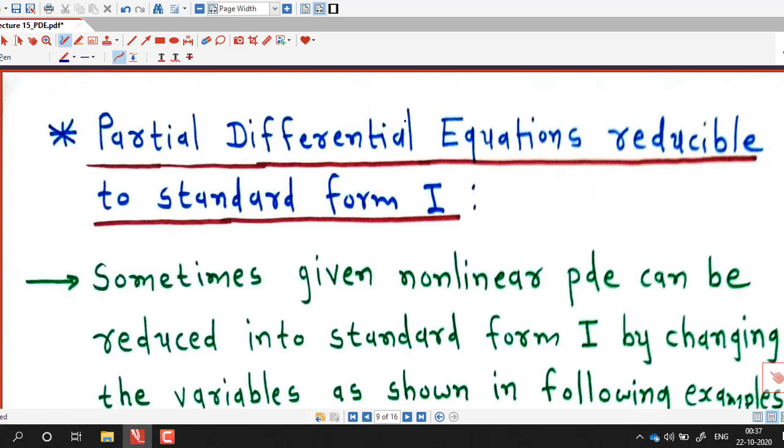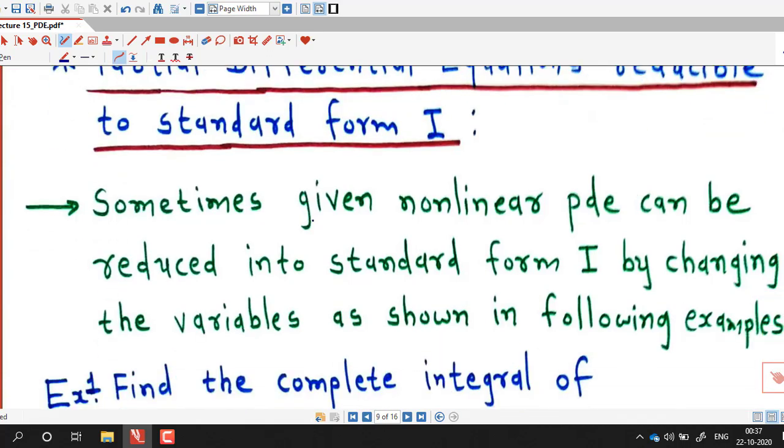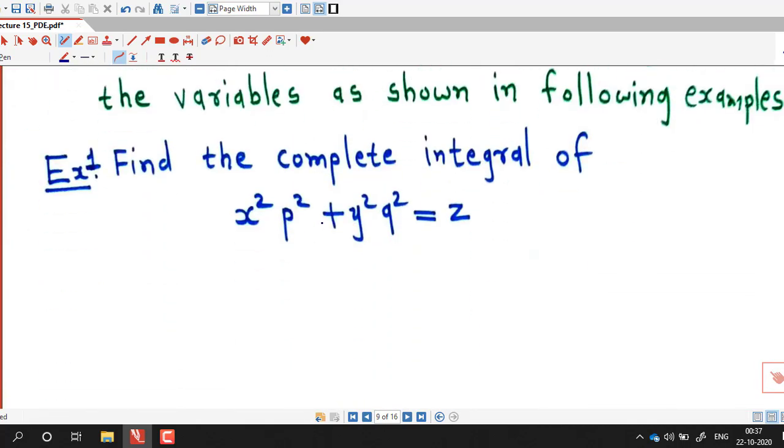Now there are some partial differential equations which are not in standard form 1, but they can be reduced in standard form 1 by making some appropriate transformation of variables. So let us try to understand this with the help of example.